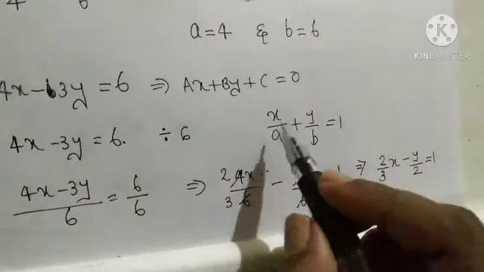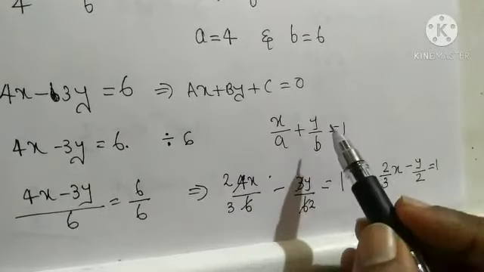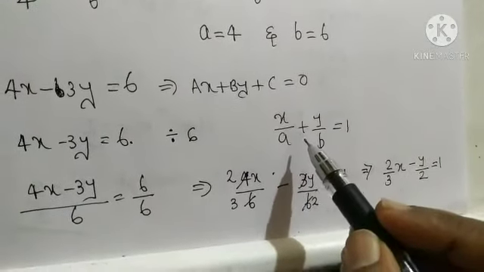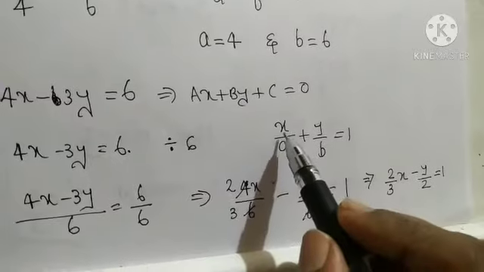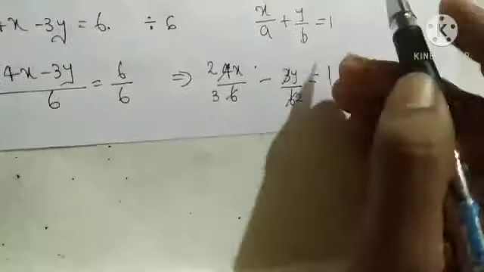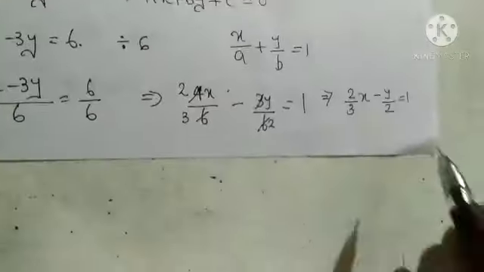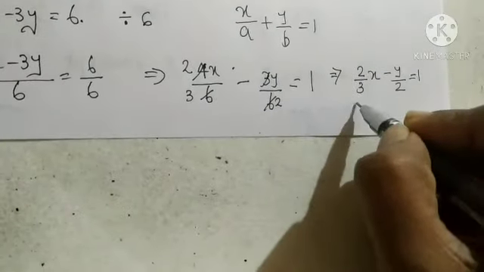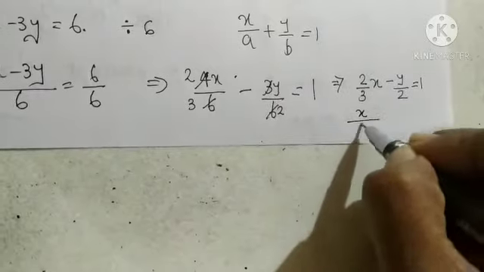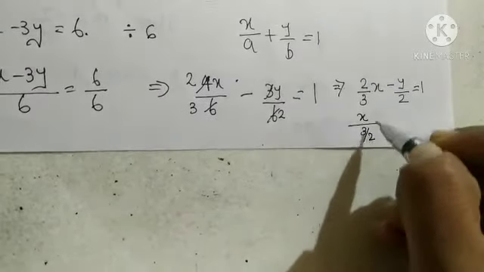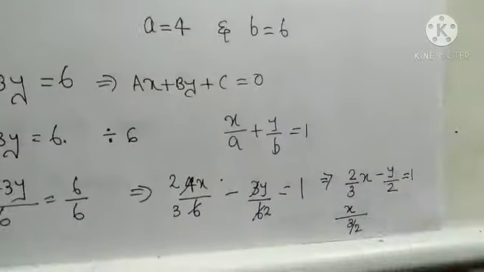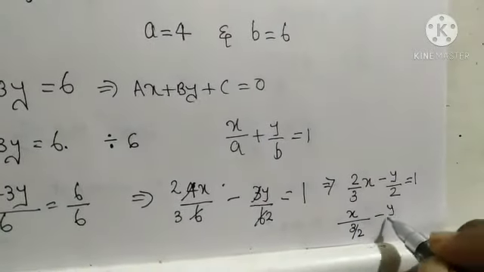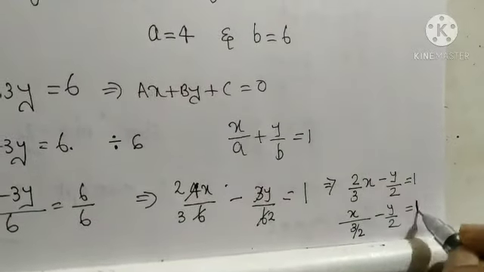But in the equation of intercept form, x is alone in the numerator. So this can also be changed to x by 3 by 2, which is the same as 2 by 3x, minus y by 2 equal to 1.